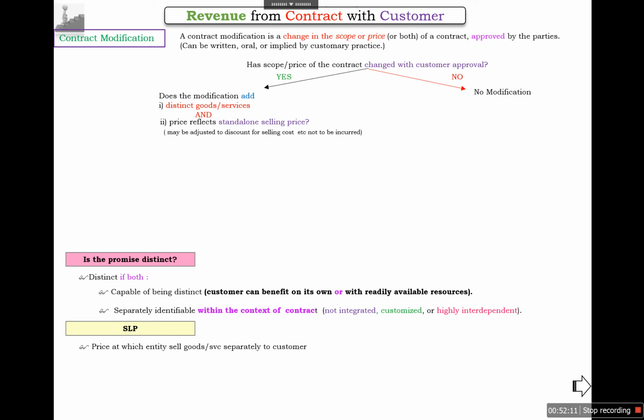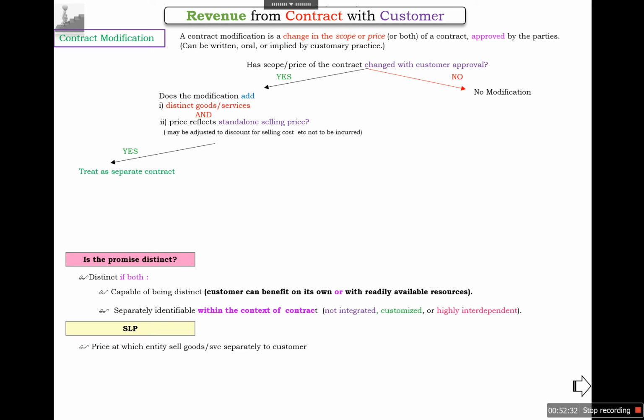So if there is a change in the scope of the contract and it is approved and it is for distinct goods and services and the price is a standalone price, in that case we should treat this modification in the contract as a separate contract.